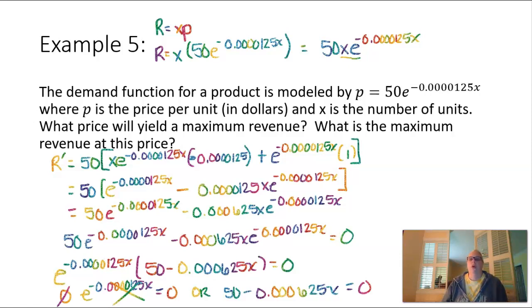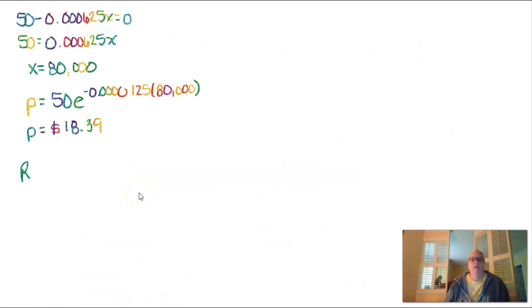Now it wants to know what is the maximum revenue. So now we're going to use the revenue function here and find out what the revenue is going to be when we produce 80,000 units. Alright, so we're going to have 80,000 times 50.